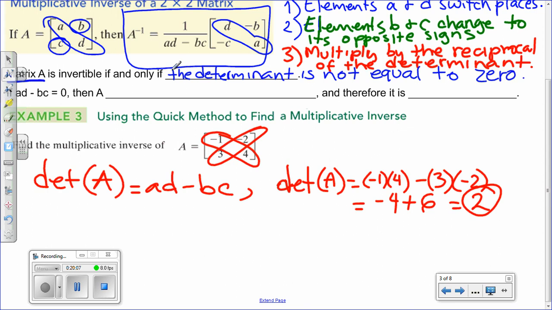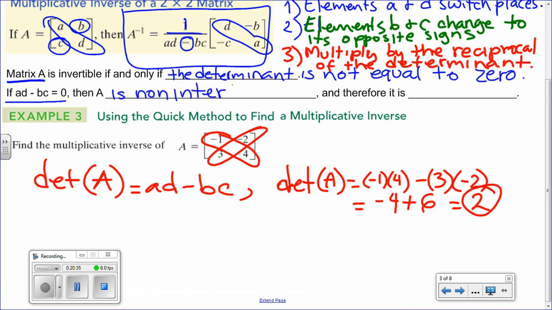If the determinant was equal to 0, and we put a 0 here, 1 over 0, the reciprocal, what will happen? We can't, right? 1 over 0 is undefined, so you cannot multiply that by something undefined. So if the determinant is 0, then A is non-invertible, and therefore it is singular. And that leads to a system with no solution.